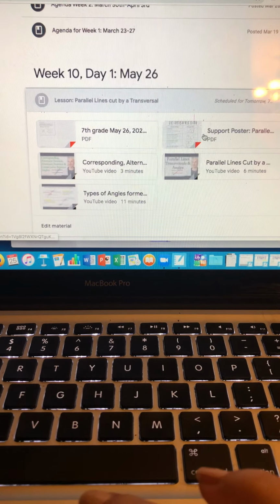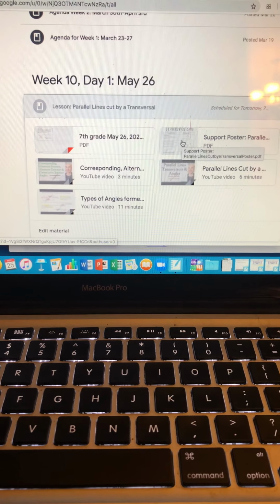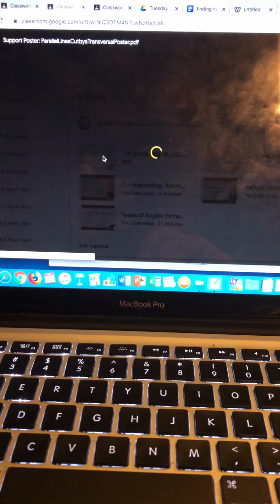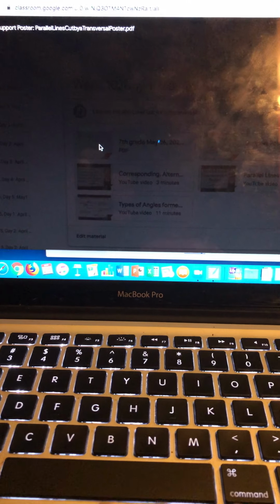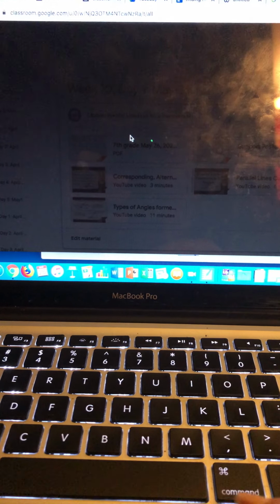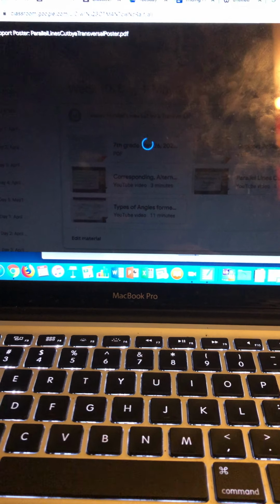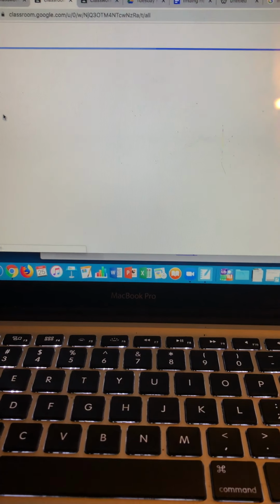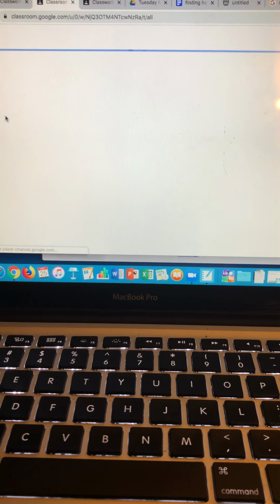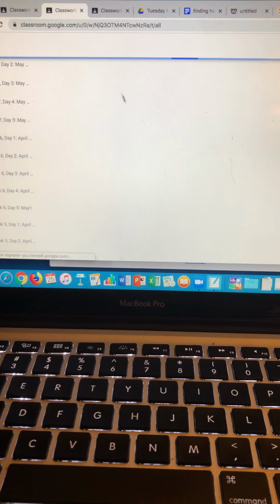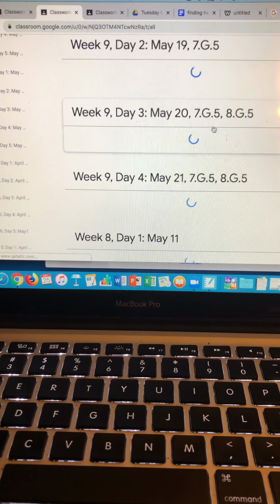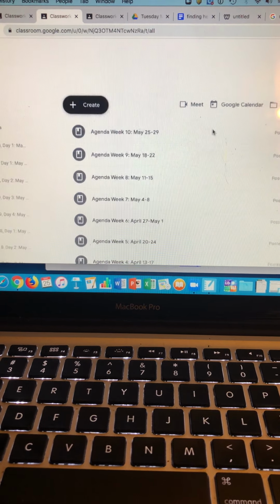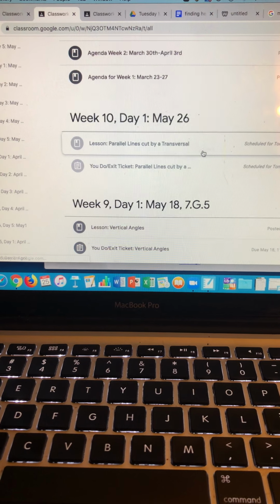So first thing here is the support poster. We're going to be focusing on the angles that are formed when two parallel lines are cut by a transversal. This poster gives you a very nice visual model of that and also reminds you of the vocabulary words that we are going to be looking at today. Let me try that one more time and see if it works.